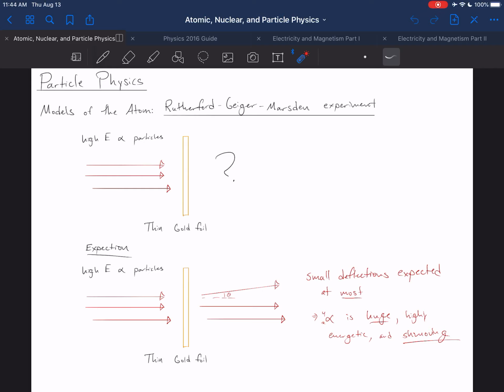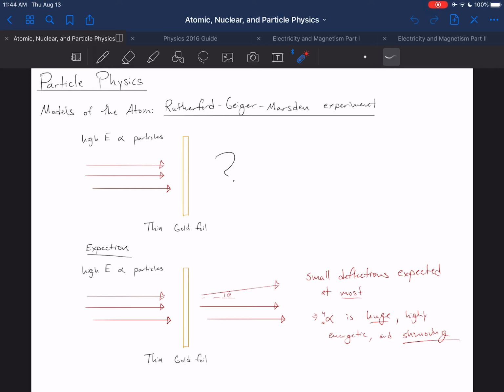And so what Rutherford, Geiger, and Marsden expected when they did this experiment was to see small deflections at most, maybe this high-energy alpha particle would be slightly pushed askew by the gold atoms in the thin gold foil.